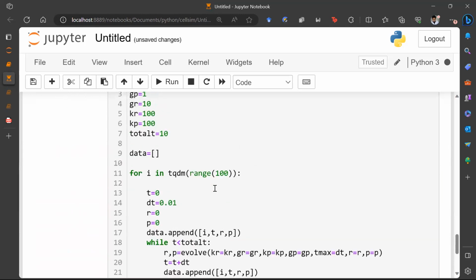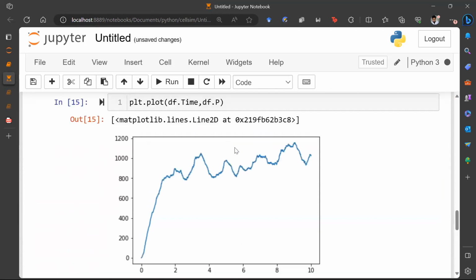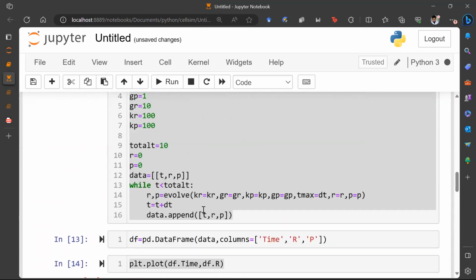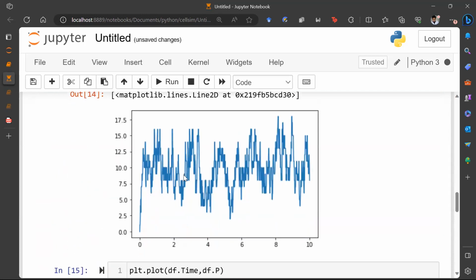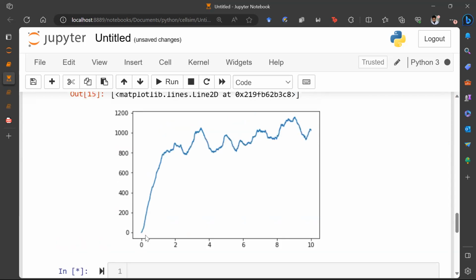So the question here is, this takes time because when you have 1,000 molecules, the rate of degradation is gamma p times p. Gamma p is 1 and p is 1,000. So in a time interval from 0 to 1, you have approximately 1,000 events.